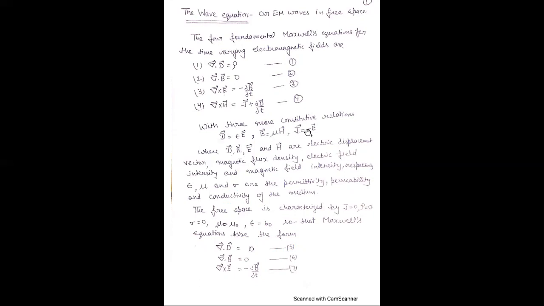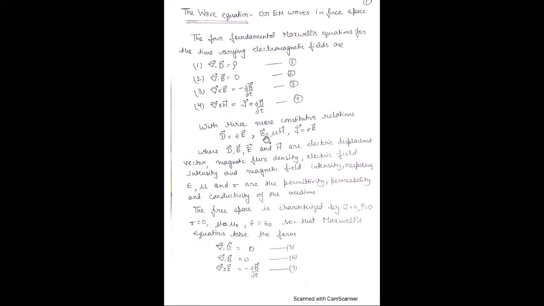There are three more constitutive relations: D is equal to epsilon E, B is equal to mu H, and current density J is equal to sigma E. Here D, B, E and H are the electric displacement vector, magnetic flux density, electric field intensity and magnetic field intensity respectively.